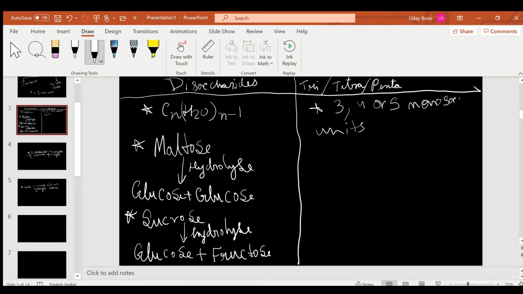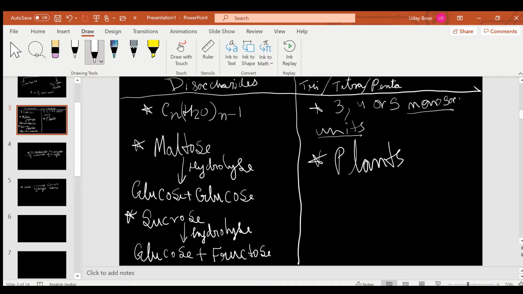Now if I explain tri, tetra or pentasaccharides, there are no formulae for these oligosaccharides, but they have 3, 4 or 5 monosaccharide units, as I have already written here. This is not telling you how many carbon atoms are there in tri, tetra or pentasaccharides, but how many monosaccharides you will get after hydrolysis.